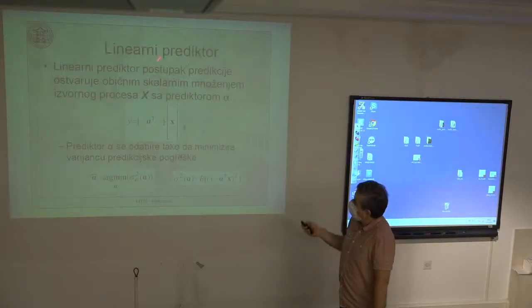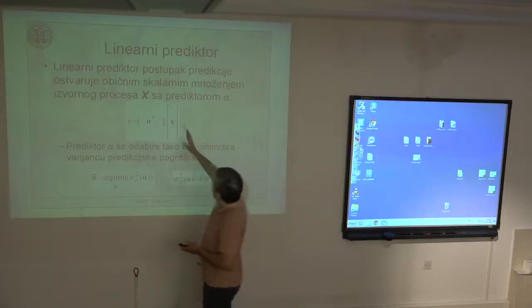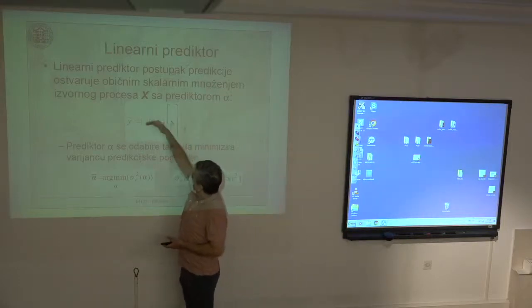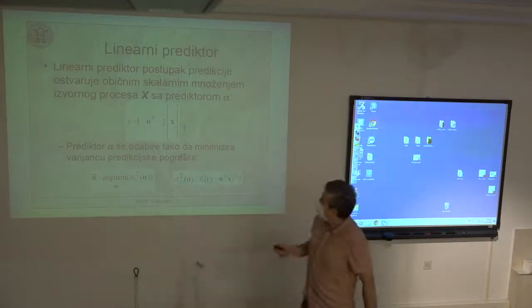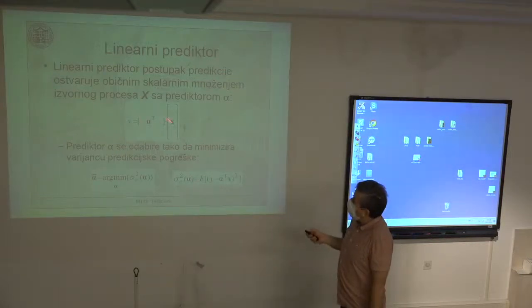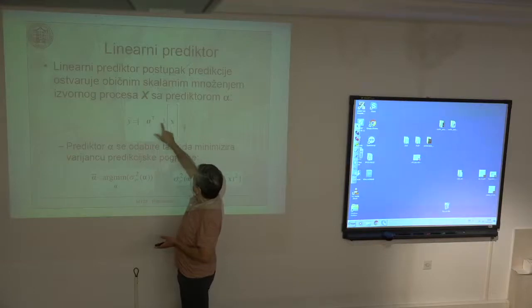And this linear predictor is actually a simple inner product between the source vector and the predictor coefficients. So this row vector alpha is the predictor composed of individual predictor coefficients, alpha 1, alpha 2, up to alpha p.